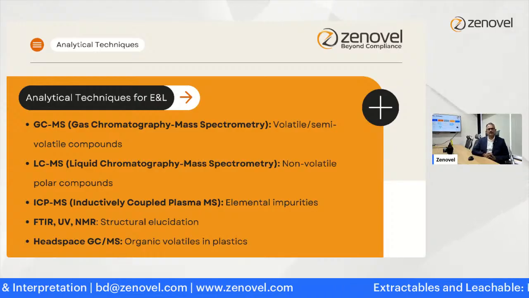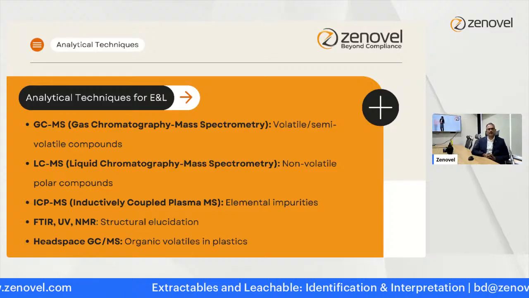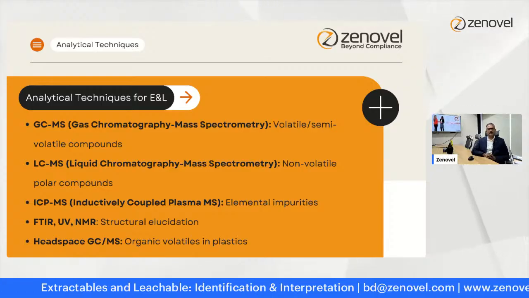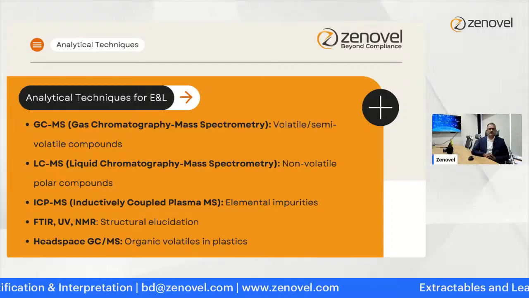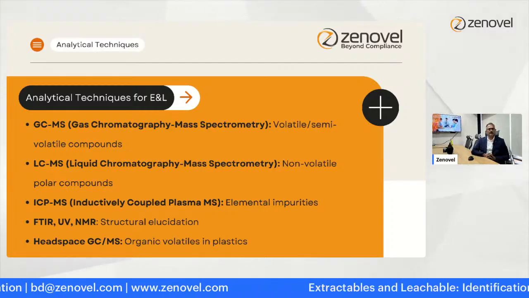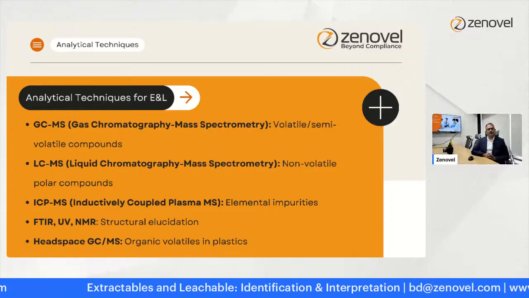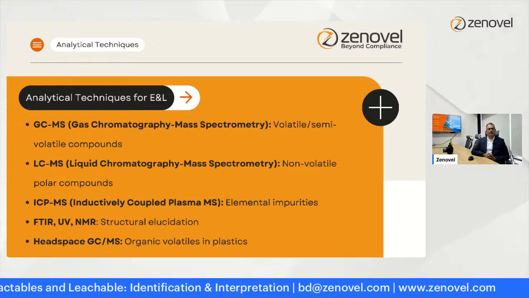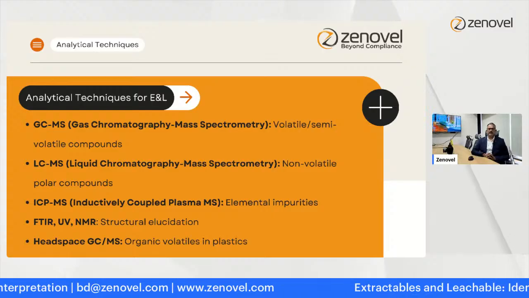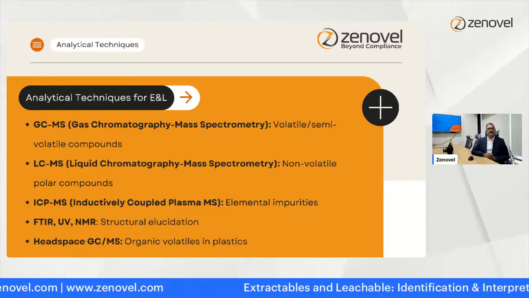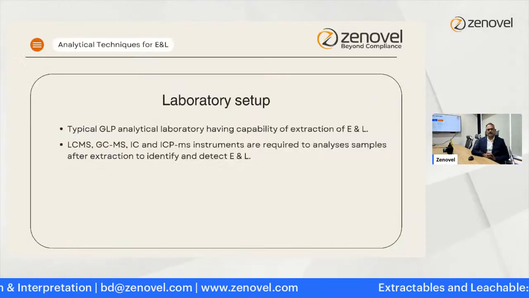Starting with GCMS, gas chromatography mass spectrometry, we can use it for volatile or semi-volatile compounds. LCMS is generally used for non-volatile polar compounds, ICP-MS for the identification of elemental impurities, FTIR, UV, and NMR for structure elucidation, and finally headspace GCMS for the identification of organic volatile impurities in the plastics.